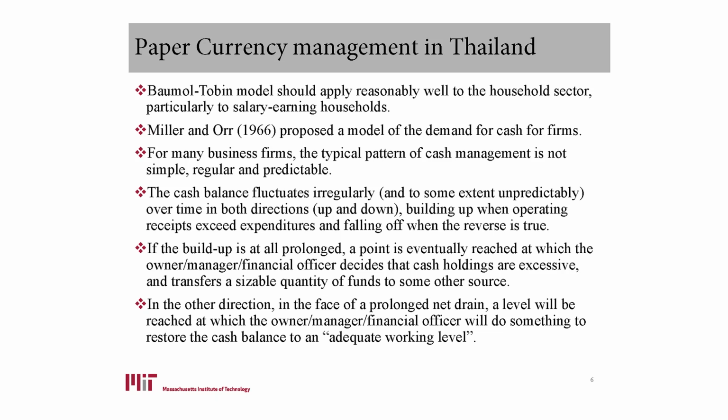So I'm going to describe, in notation, a Miller-Orr model, the management of cash for business firms, which do not have regular nor predictable flows. And the result, solving the model, is rather intuitive. There's going to be bounds. So cash holdings can drift around, but when they go above an upper bound, it's time to make an adjustment and deposit the paper in the bank or lend it out.